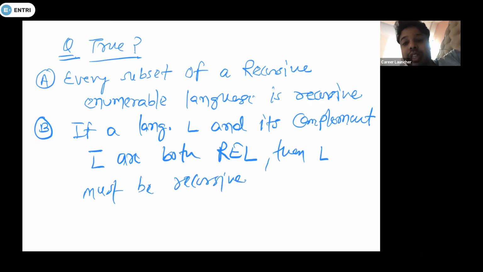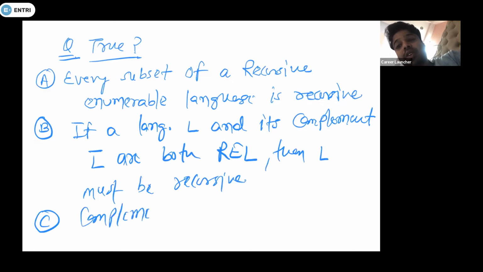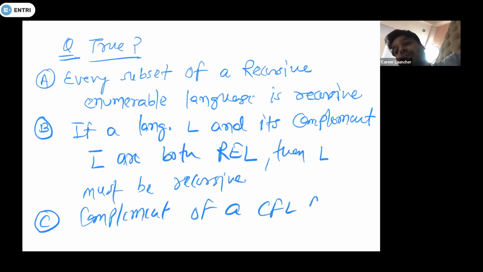C: complement of a CFL must be recursive. These are all GATE problems, GATE 2022 problems.